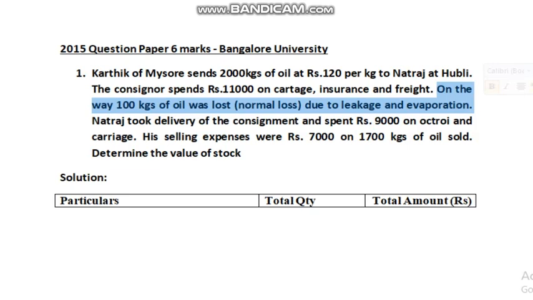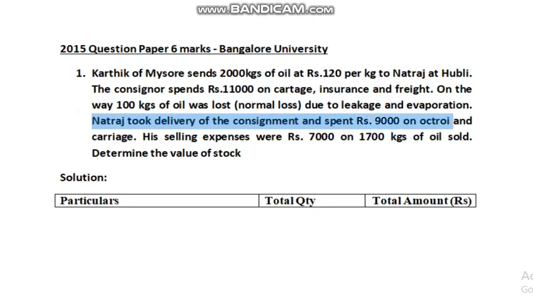Abnormal loss means if the goods were lost by fire, theft, accident, earthquake, or other unnatural events, that is called abnormal loss, but this is normal loss. Then Natraj took delivery of the consignment and spent 9,000 on octroi and carriage. So this is the expenses of the consignee, and it is a non-recurring expense incurred on road.